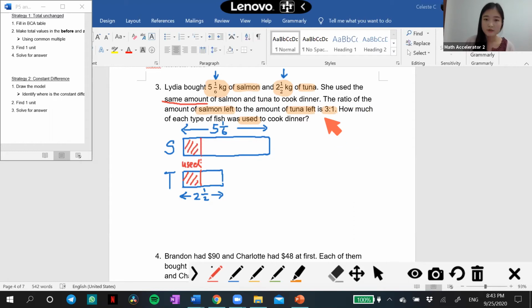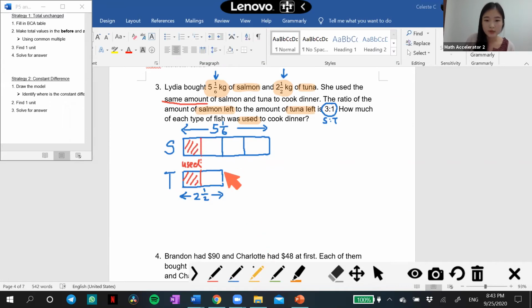Right, whatever is left is 3:1. This is salmon is to tuna left. So if I use this much, the salmon, you will have 3 units left, compared to the tuna with 1 here. Tuna left 1.